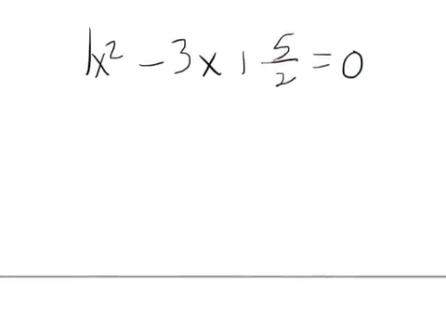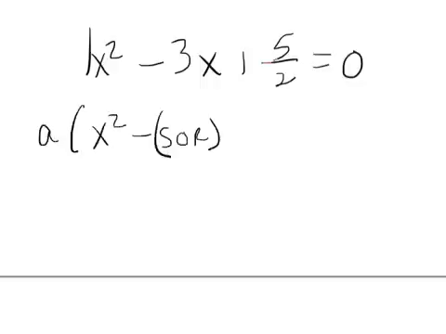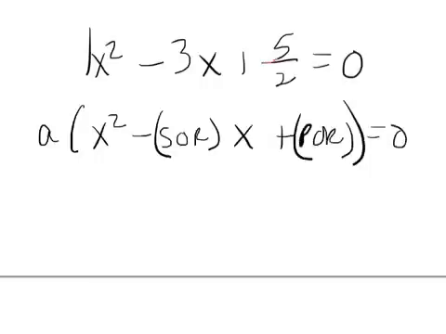So again, why is b negative 3? Remember, the general statement said this: a times x squared minus the sum of roots times x plus the product of roots equals 0. Okay? So this is minus the sum of roots, and the sum of roots was 3, so put a 3 there, and you get negative 3x, and this is a plus.